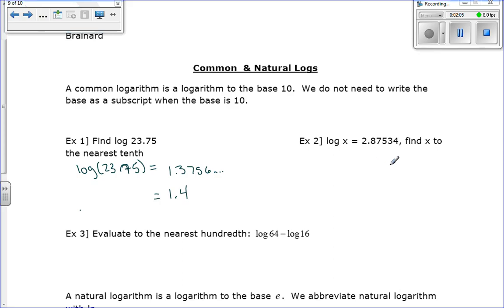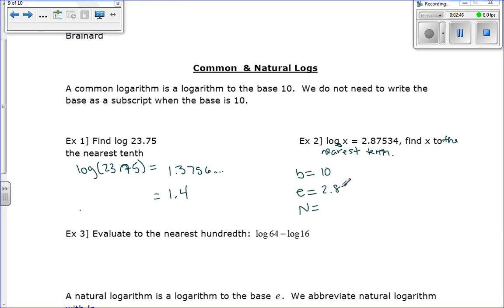Okay, this is log form, so I need to turn it into exponential form, or BEN form. So define what your b, e, and n are. Remember, when it's just log and there's no subscript, my base is 10. Here's my exponent, and remember, a log is just an exponent.